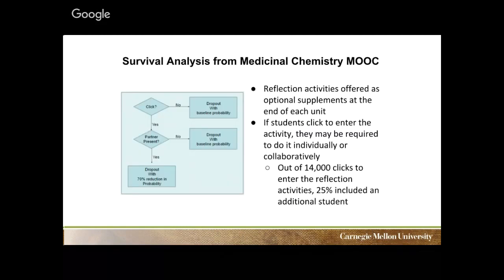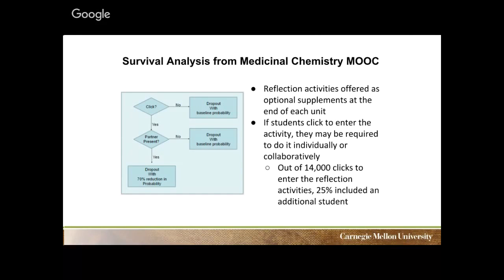So in this data, you can look at this flow chart as representing what might have happened at each time point, where a time point is a week of activity where a student was engaged in a particular unit of the course. And in that week, they may or may not have clicked to enter that discussion activity. If they did, there may or may not have been a partner present to do it with.